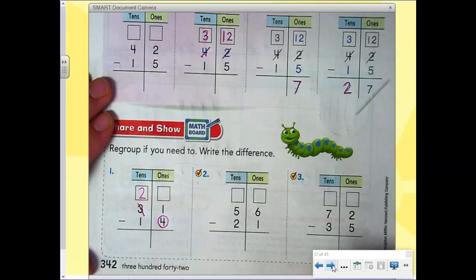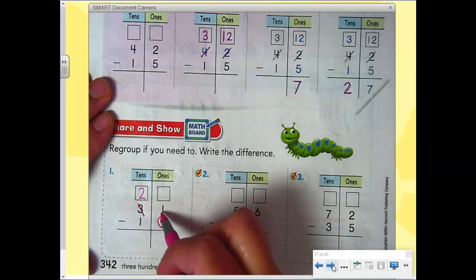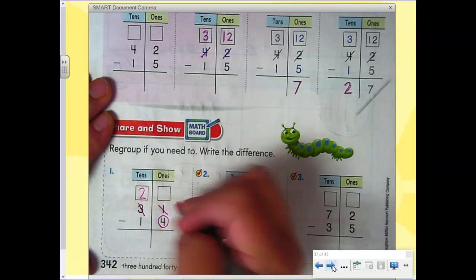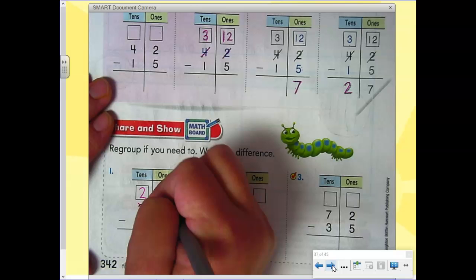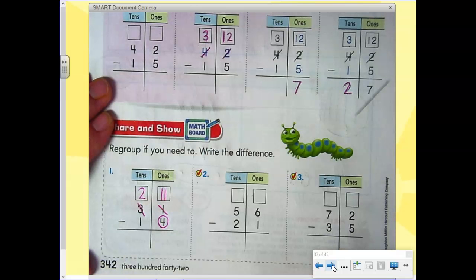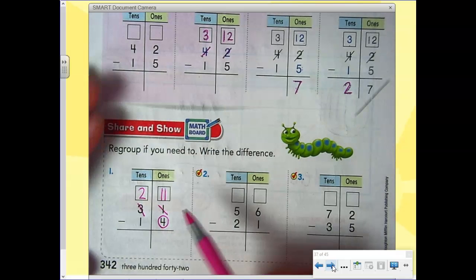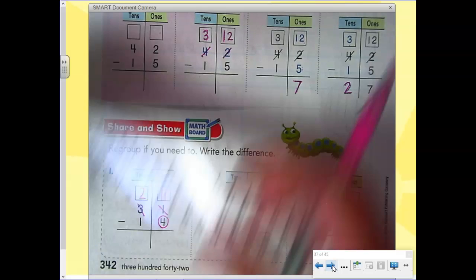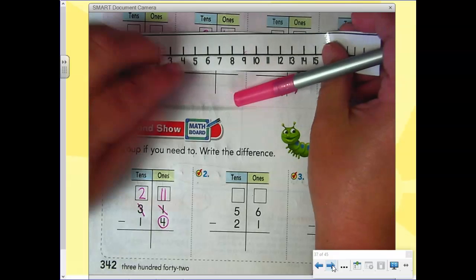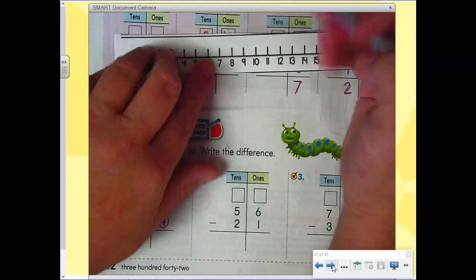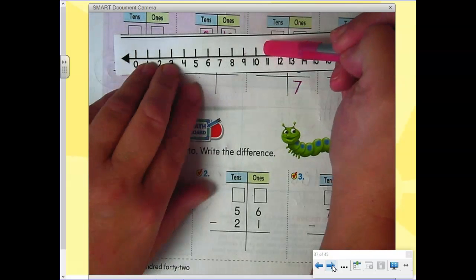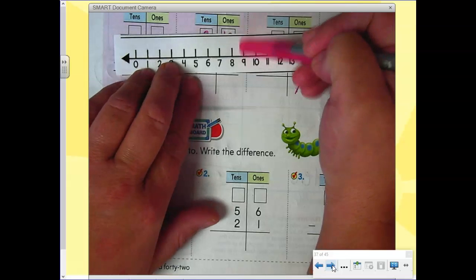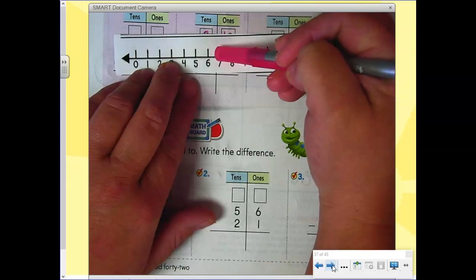Now we add the 10 ones back to the ones place. 10 plus 1 is 11. So now we have 11 ones. Now we can subtract 11 minus 4. I go to my number line, 11, count back 4. 1, 2, 3, 4.